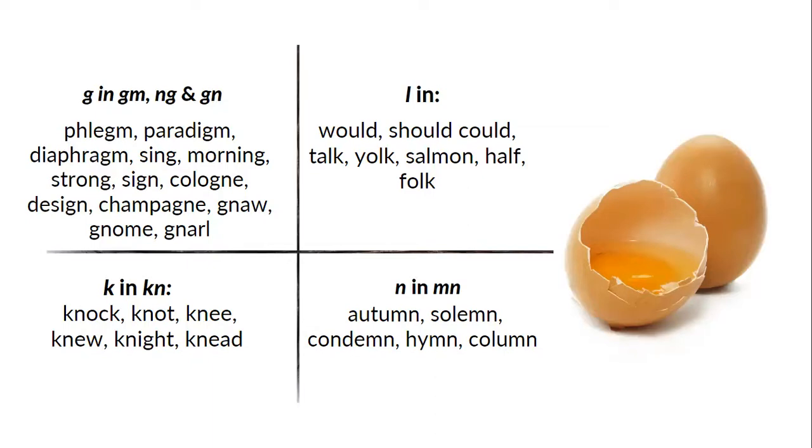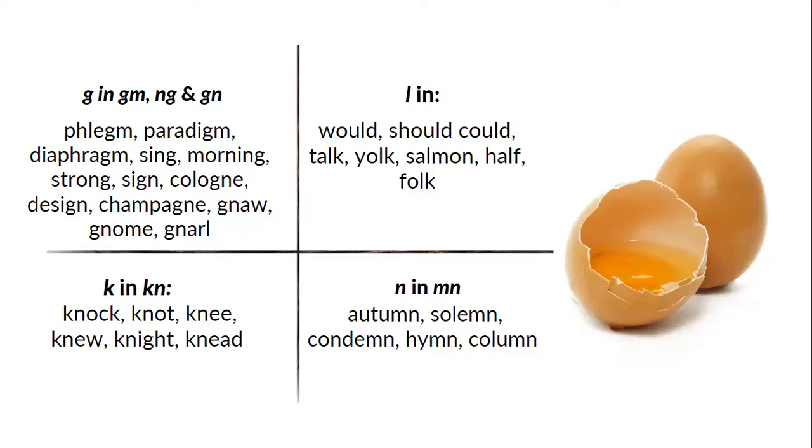Now this is usually for British English, but I don't think you want to be saying ng-g whenever you're pronouncing words, right? So sing, not sing-g. Morning, not morning-g. Then strong, sign, cologne, design, champagne, gnaw, gnome, gnu.